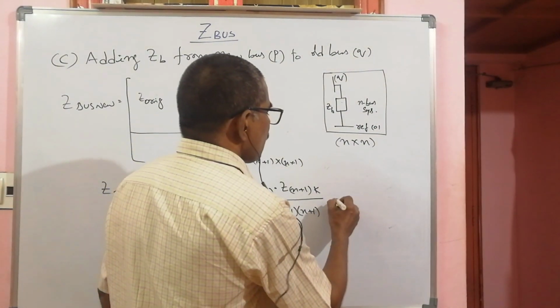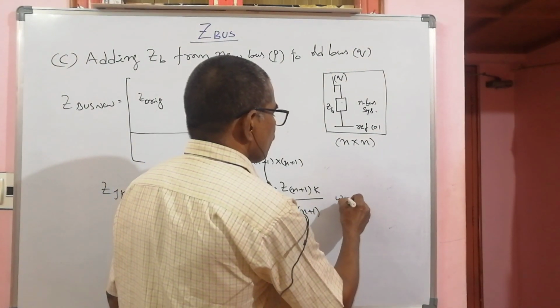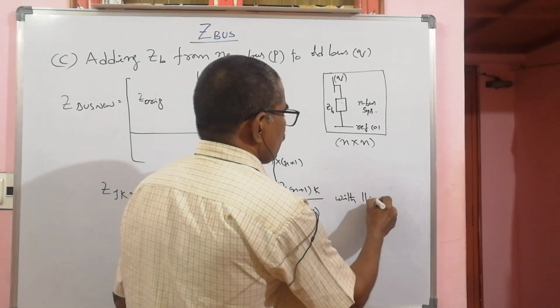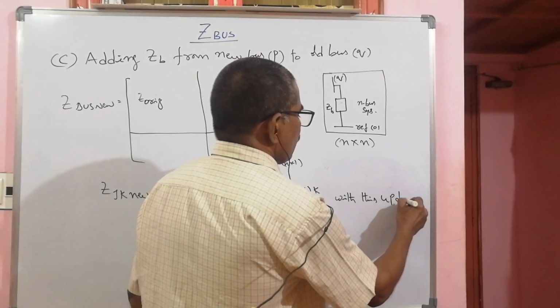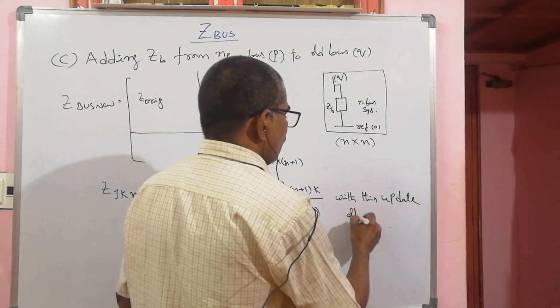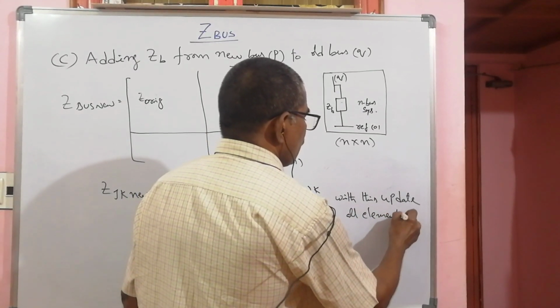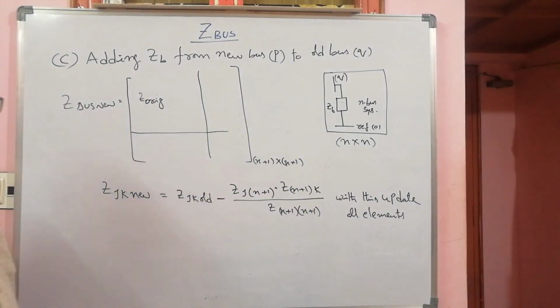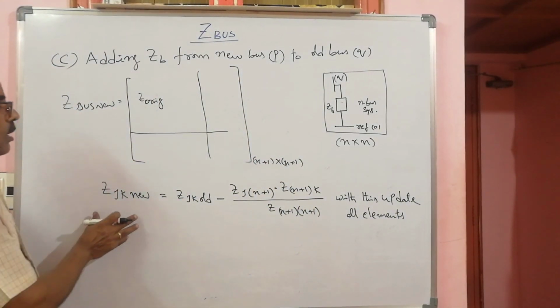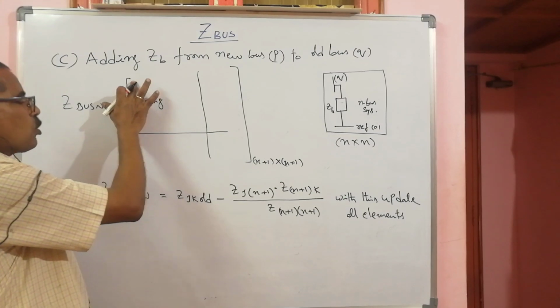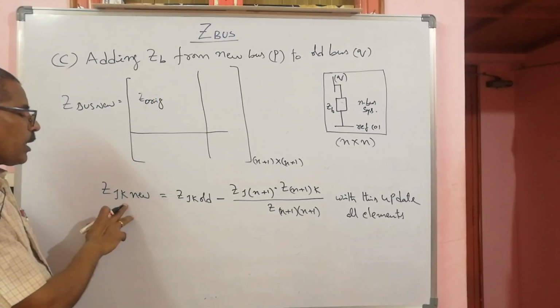So with this update all elements. Okay, so suppose Z11 is to be modified, J is 1, K is 1.